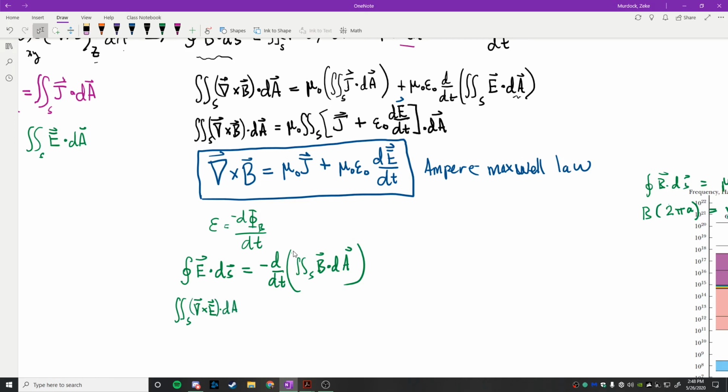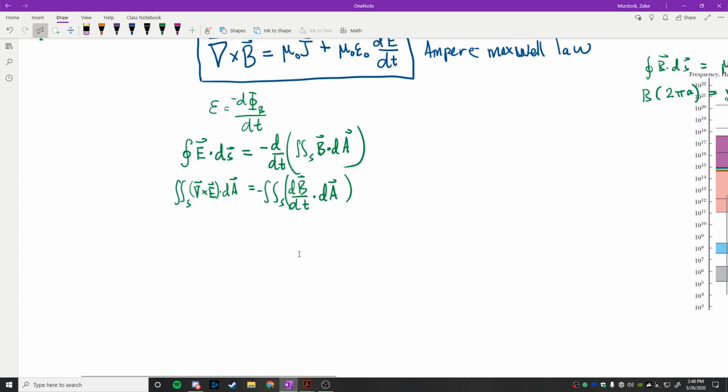Dot dA. And then my right-hand side of my equation ends up being the surface integral of, with a negative sign, dB/dt dot dA. And now when you look at the integrands here, they're both the same.